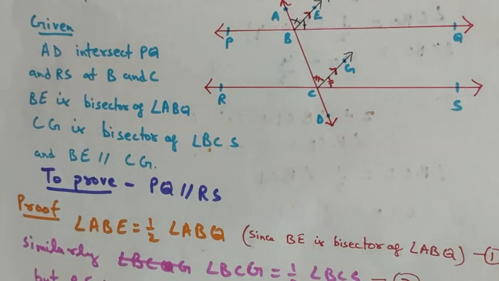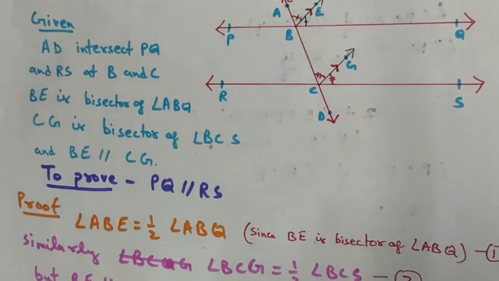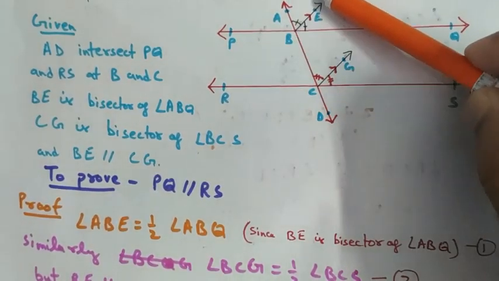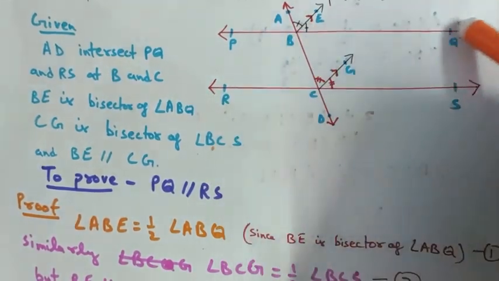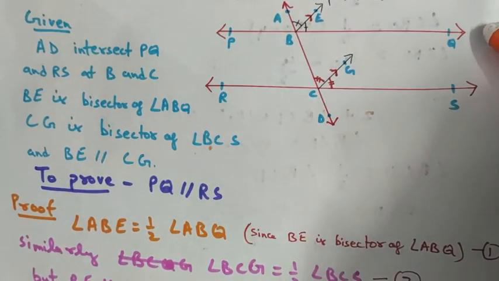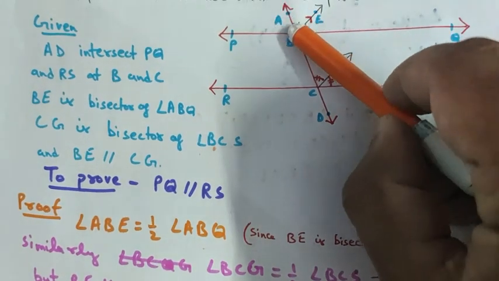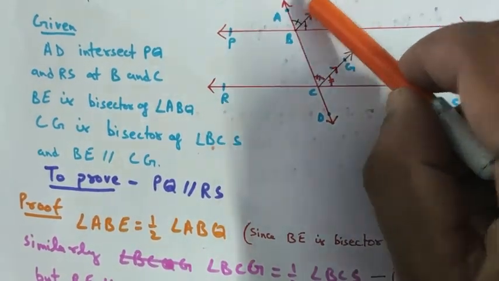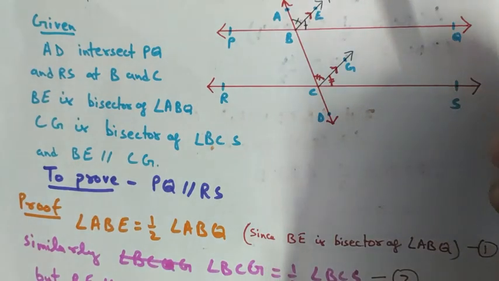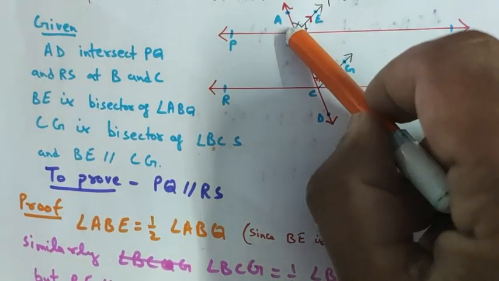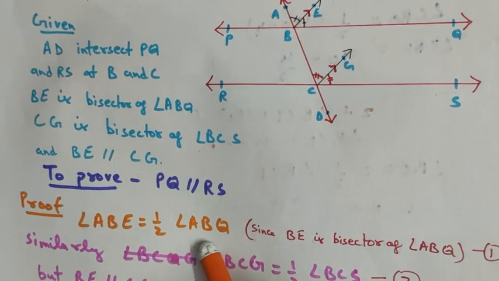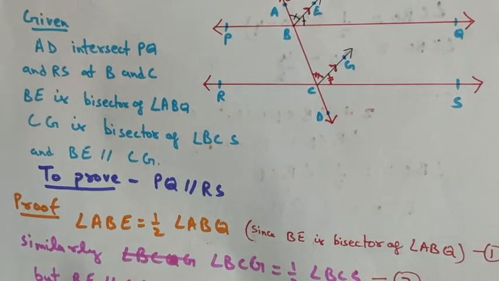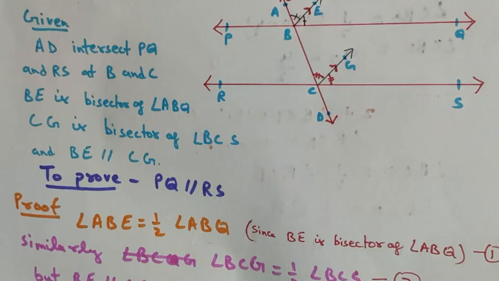First of all, since it is given to us that BE is the angle bisector of ABQ, we can say that angle ABE is equal to half of angle ABQ.